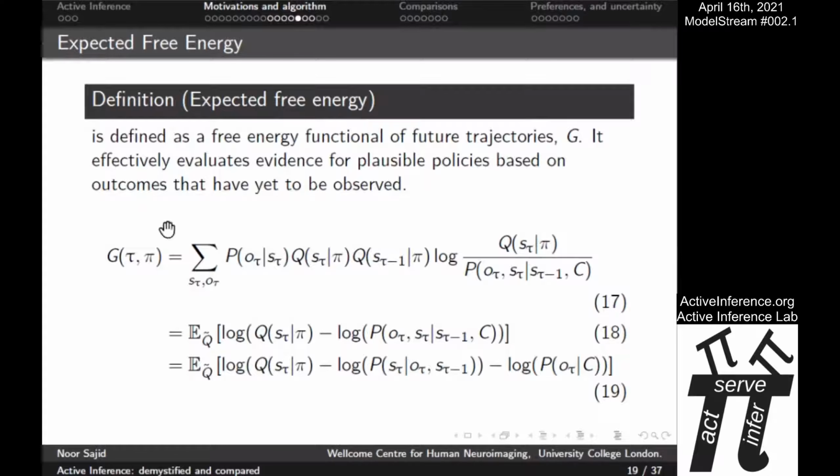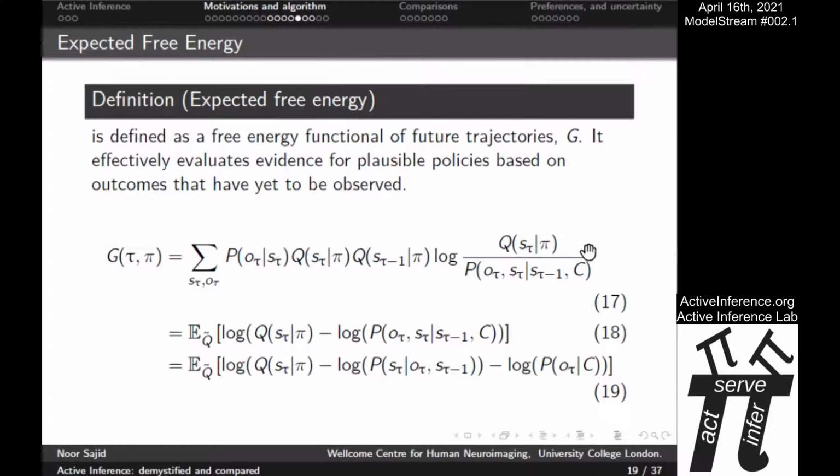The second one is that we're explicitly conditioning on the joint probabilities of states and observations in the generative model, dependent on the desired state of affairs, as opposed to a particular policy now.